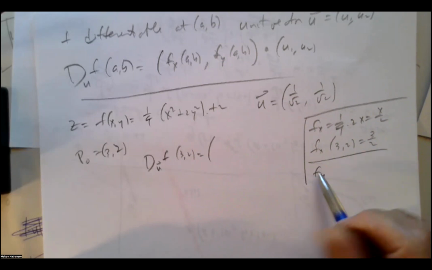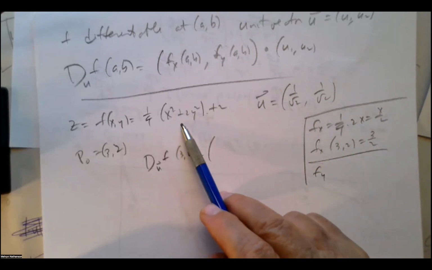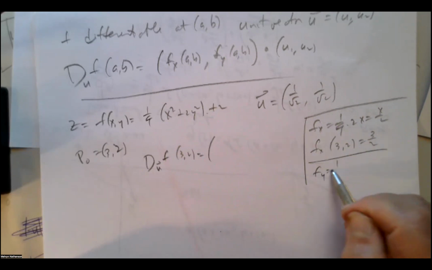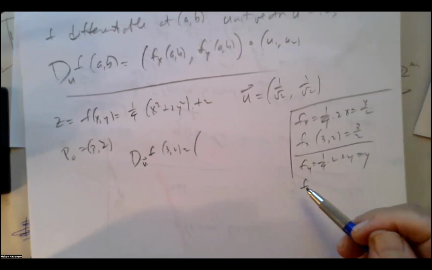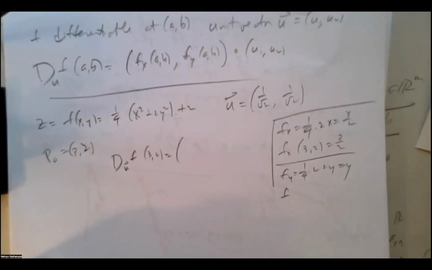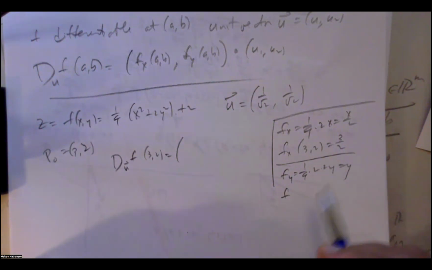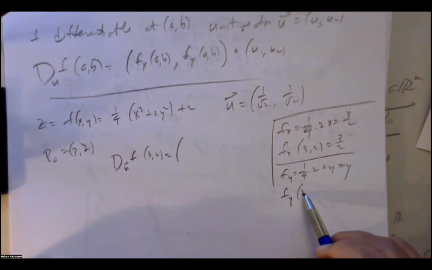The partial of f with respect to y is 1/4 times 2 times 2y, which is y. So the partial of f with respect to y at the point 3, 2 is 2.